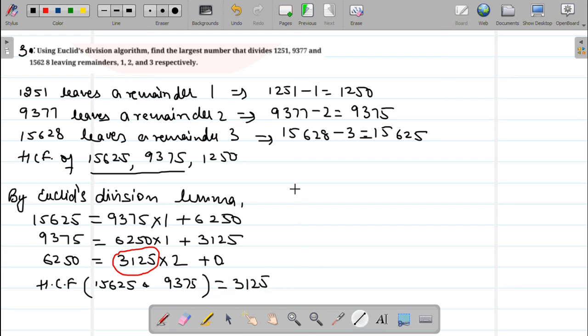Now what we can do, we can find out the HCF of 3125 and the third number here, 1250.